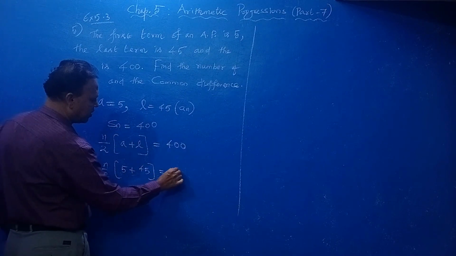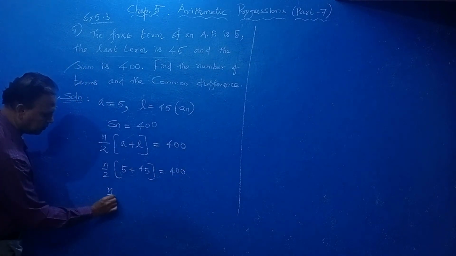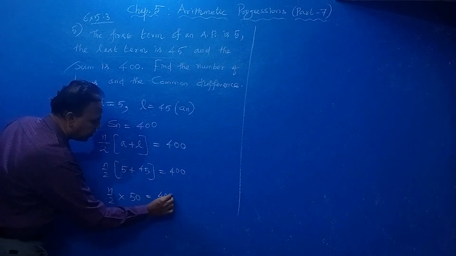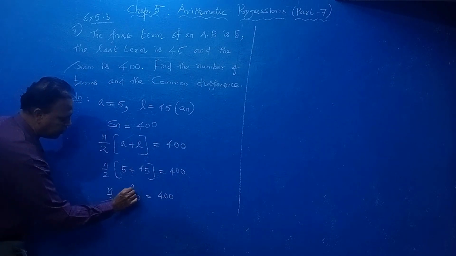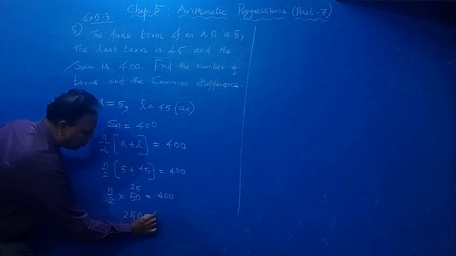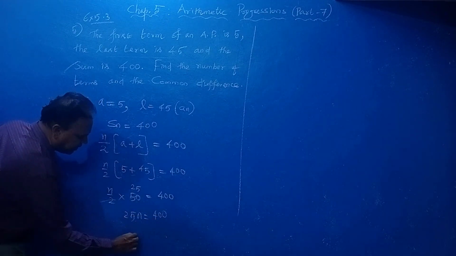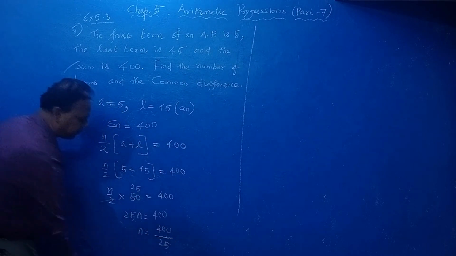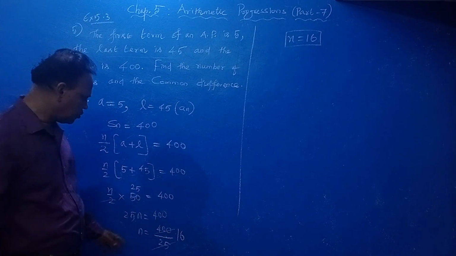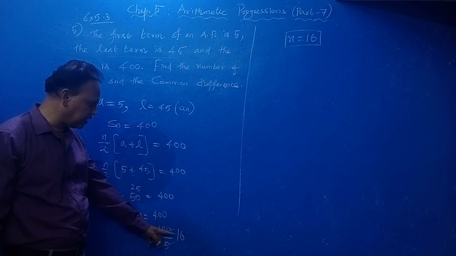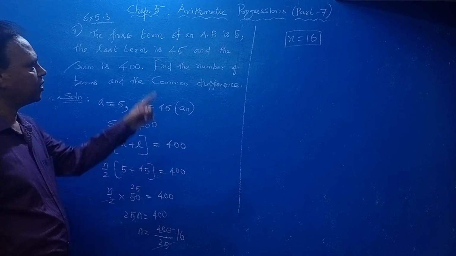Easily you can find out N. So 25N is equal to 400. N is equal to 400 by 25. In 400, how many 25s are there? 16. So N equal to 16.